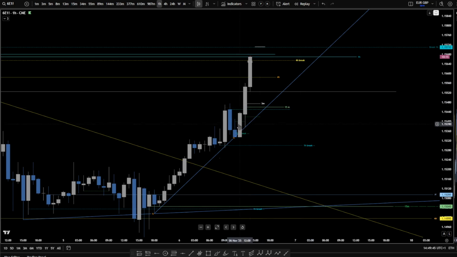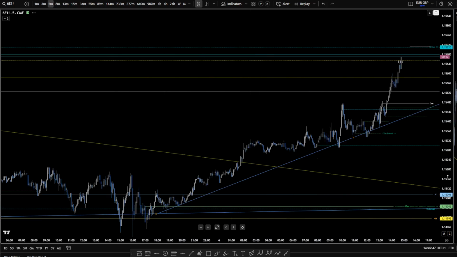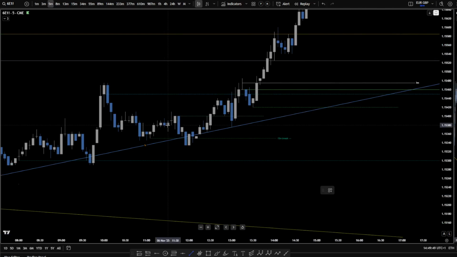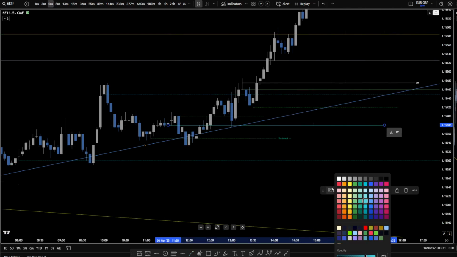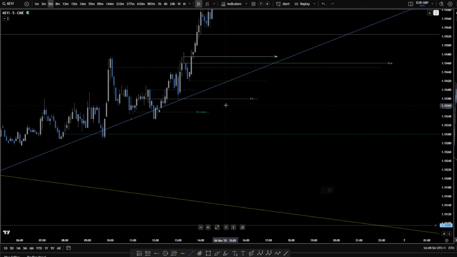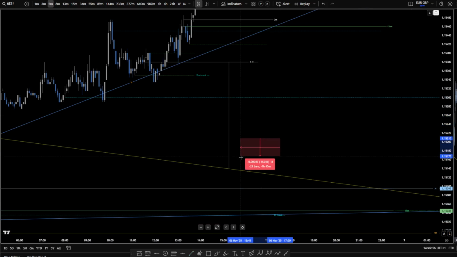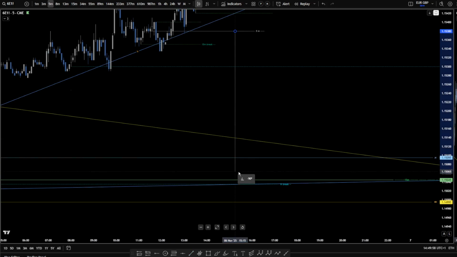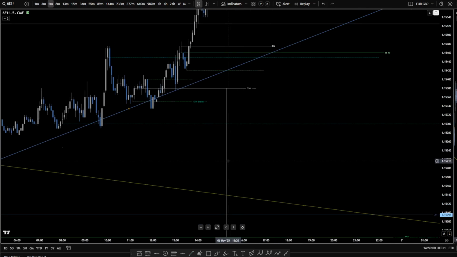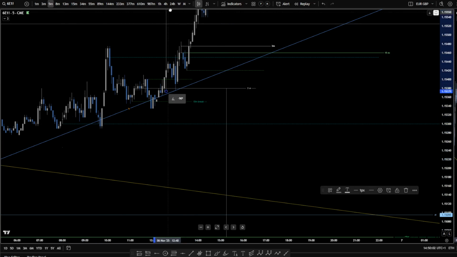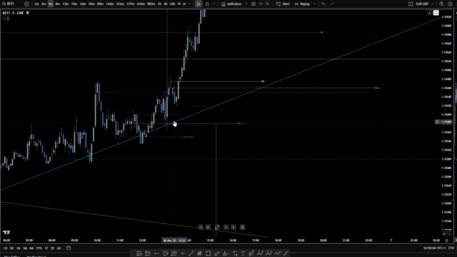from this 5-minute right here. I guess it was this one. From here it was supposed to go down to here or here. So once it rejects that to go down, it moves up.